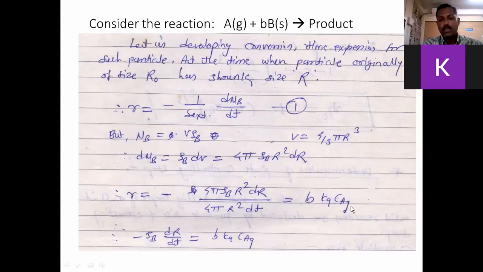Solving this equation, 4 pi cancels and r squared cancels, so minus rho B into dr upon dt equals b into kg into CAg.